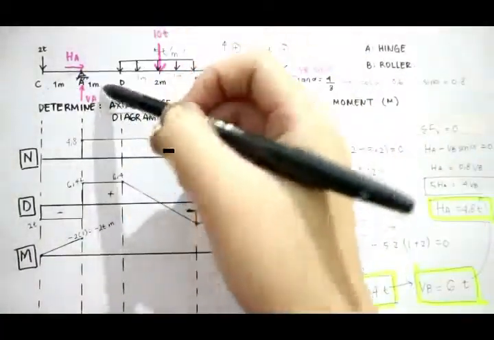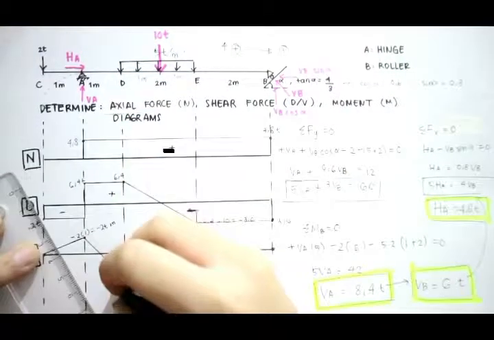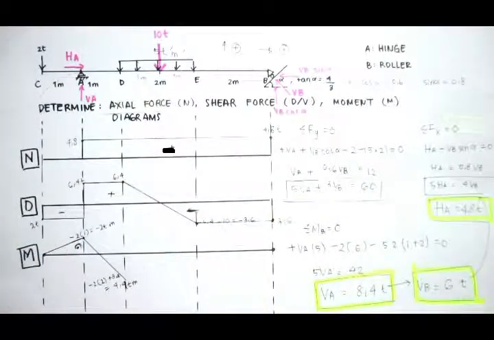And then at D, what we have is a negative 2, since it goes downwards, times 2 meters, the distance to D. And then we have positive VA times 1 meter, which is also the distance from VA to D, equals 4.4 ton meters, which we get from minus 2 times 2 plus 8.4, which is 4.4 ton meters. And forget this, which is negative.